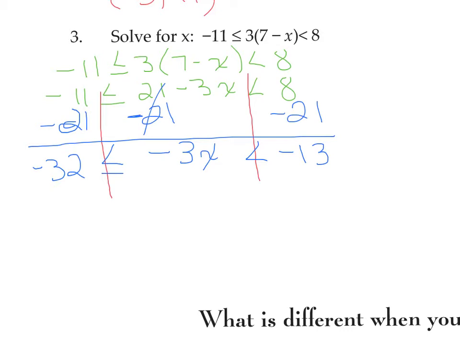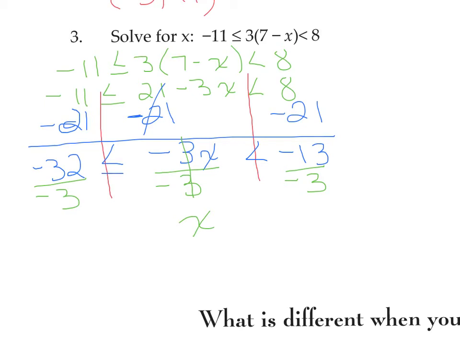Now to isolate this x, we're going to have to divide by negative 3. So that cancels to give us just x in the middle. Oh, I made a mistake there. Because we divided by a negative, remember, when you divide by a negative, you have to flip the direction of these symbols.